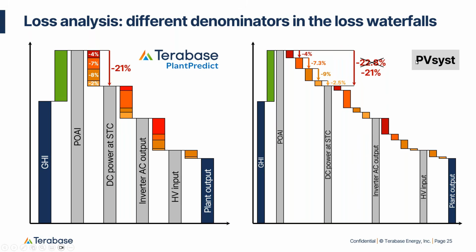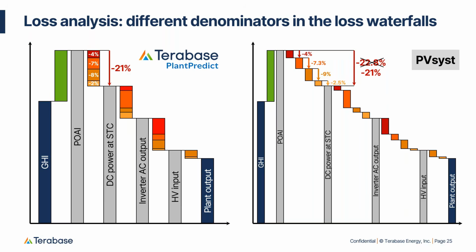PVsyst, on the other hand, makes these losses multiplicative, or compounding, meaning that each loss is based on the result of the previous loss. So even though these are the same numbers, PVsyst is going to report -4, -7.3, -9, and -2.5. You need to multiply these to fall back on 21%. If you add them, you fall on the wrong result.